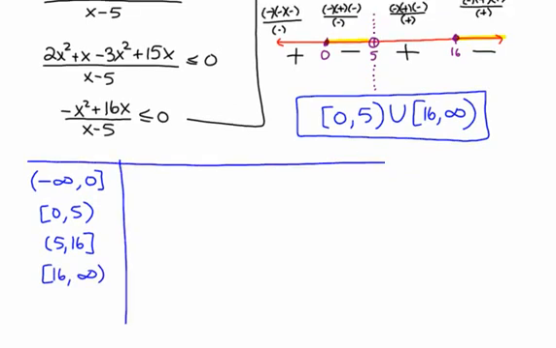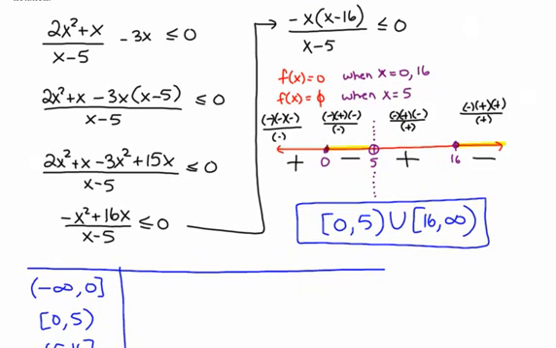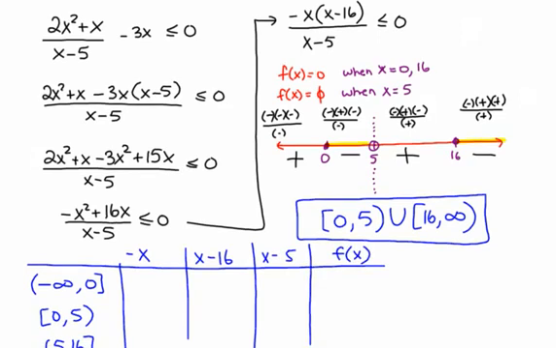Those would be my intervals, and then I would put in negative x, each factor, x minus 16, x minus 5, and then our function, so the product of all of those.